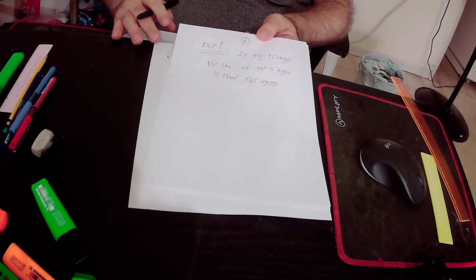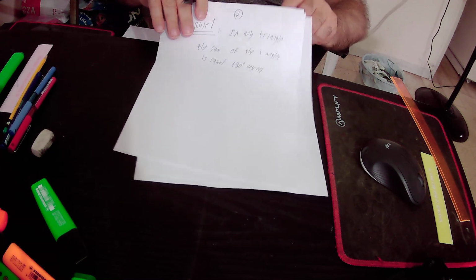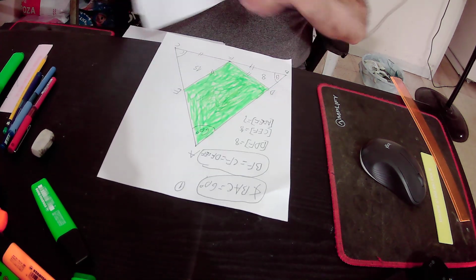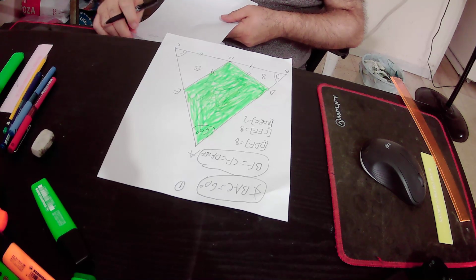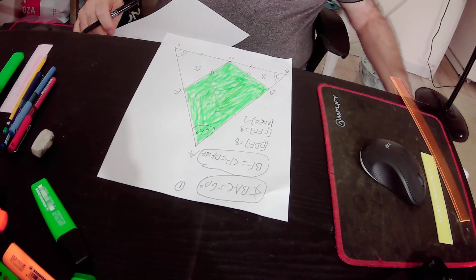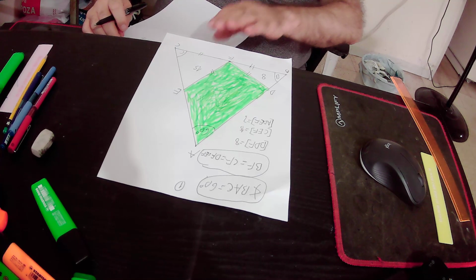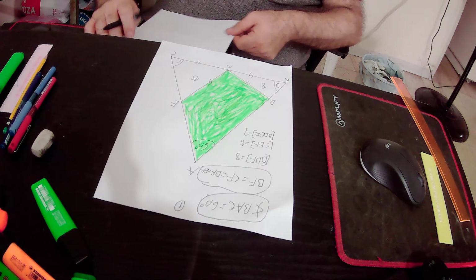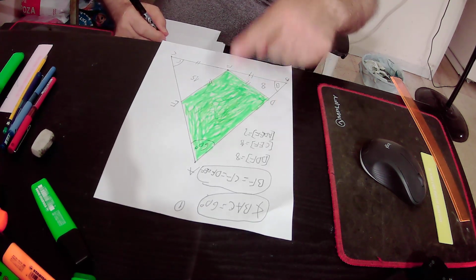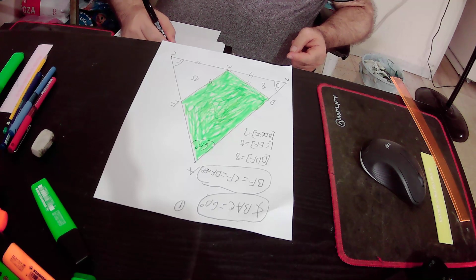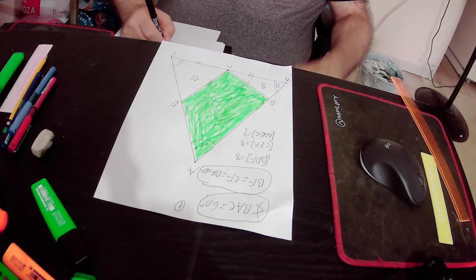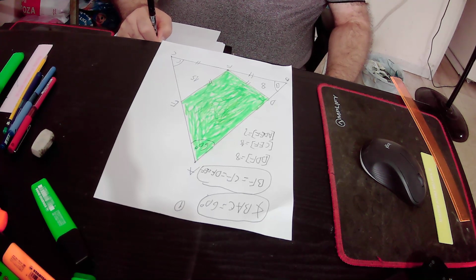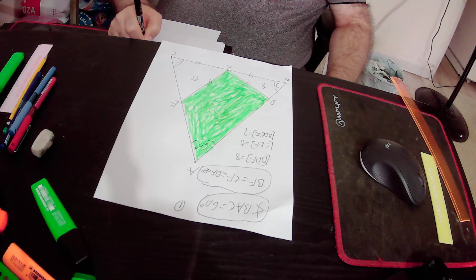So, especially in triangle ABC, the big triangle, the sum of the angles is equal to 180 degrees, that is to say 60 degrees plus angle B plus angle C equals 180 degrees according to rule number 1.